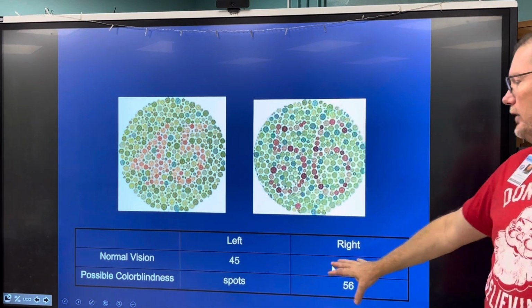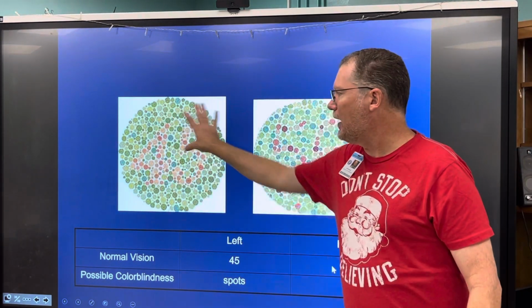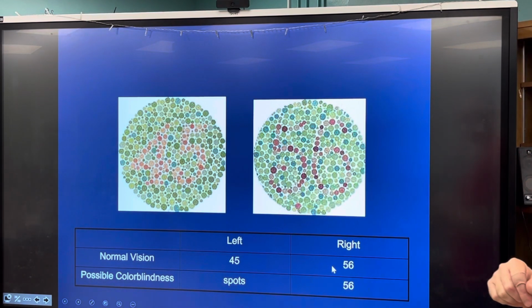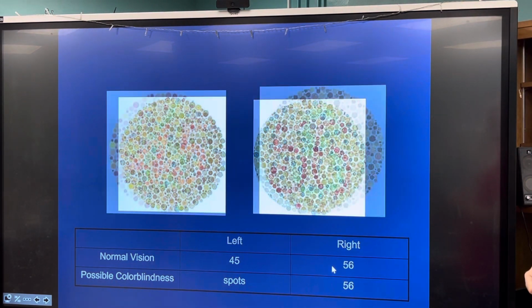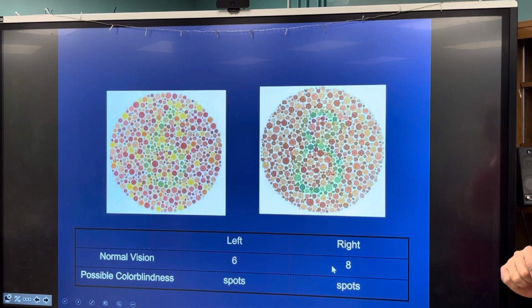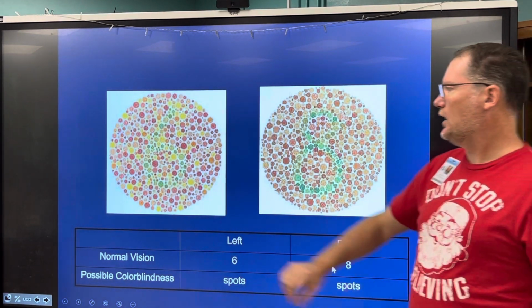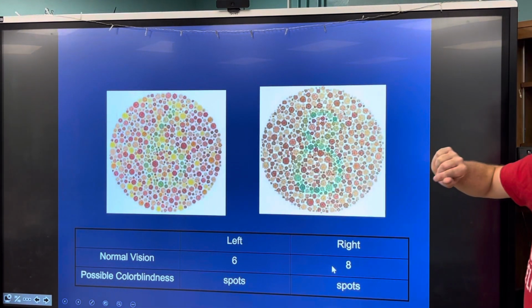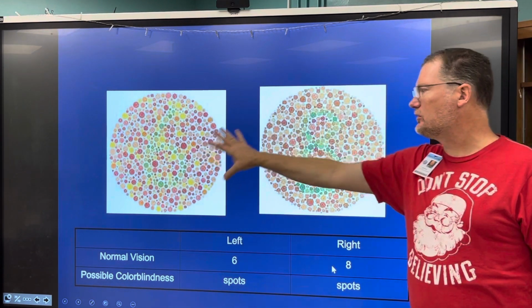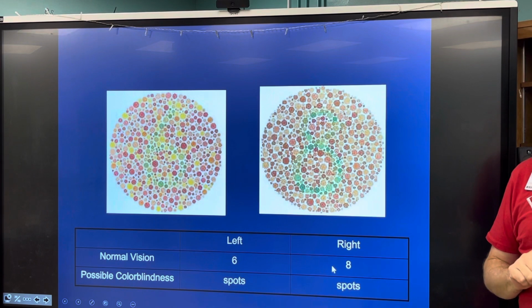But a colorblind person would just see spots here and 56 there. And then you should see numbers here as well. So take a look at those. Normal vision will see number 6. Normal vision will see number 8, but colorblind will see spots in both of those.